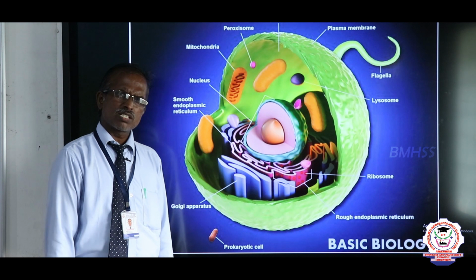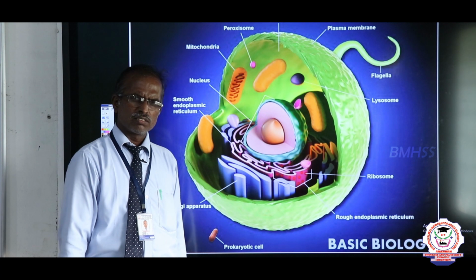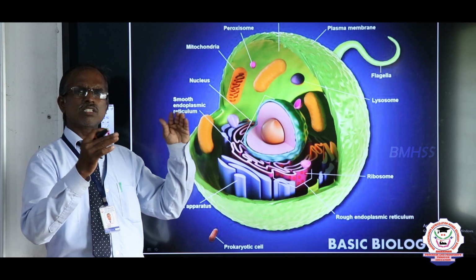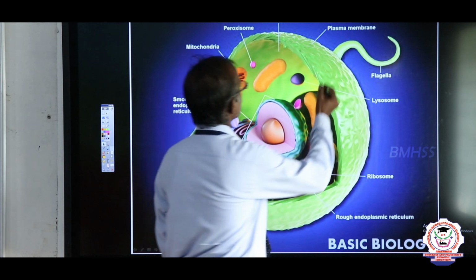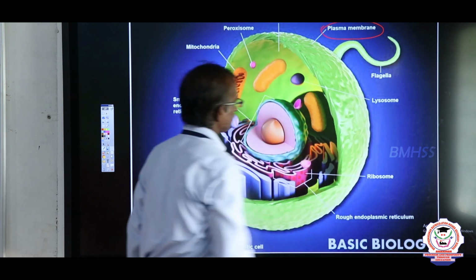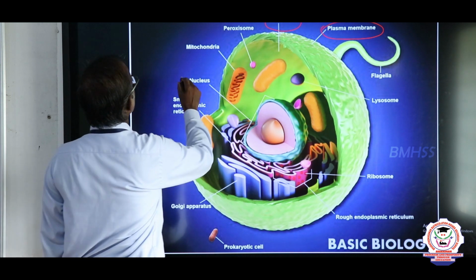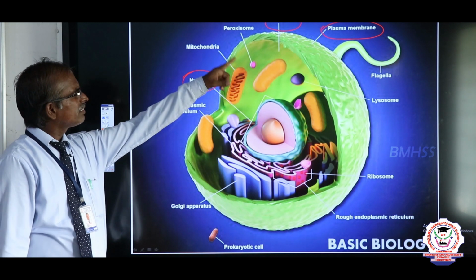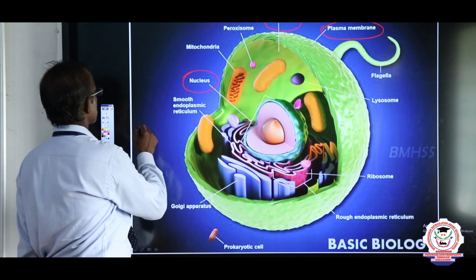Also, plant cells and animal cells are not exactly alike. Whether it is a plant cell or an animal cell, it has three cell structures, namely the plasma membrane, cytoplasm and nucleus. Any structure which bears these three parts, we call a cell.